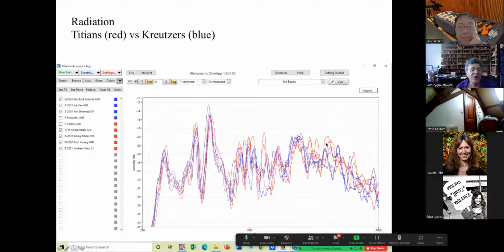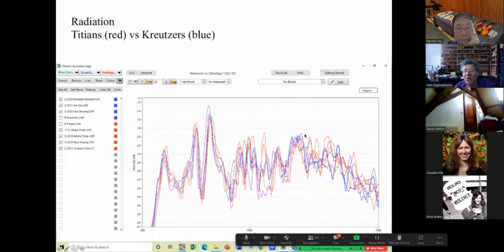So all the reds are Titian models, all the blues are Kreutzer models. And there are certain things that pop out here at the upper end of the range. I don't really know what the frequency is here; it's probably around 2000, I'm guessing.